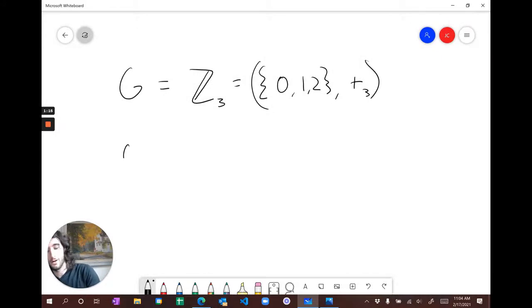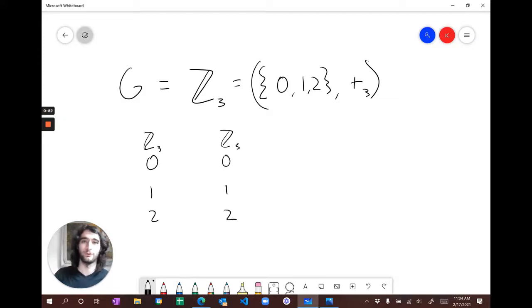Okay, so now let's figure out what phi is. Well, it's all of the automorphisms of that group. So you've got to think of all the ways that you can map Z3 with some isomorphism back to itself. I accidentally just used the word automorphism. That just means an isomorphism from a group to itself, which is exactly what we're talking about here.